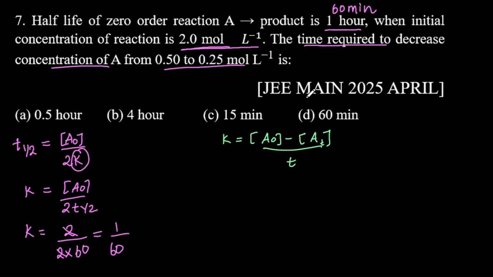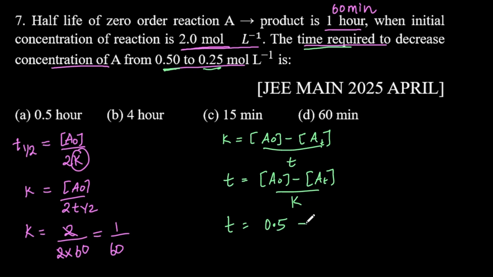You have to find the time required, so rearrange this: t equal to A naught minus At divided by K. Now you have to take the A naught value. Two values are given now, so these two values only you have to take. The A naught value here is 0.5, minus At value 0.25, divided by the rate constant K we have found, 1 by 60.